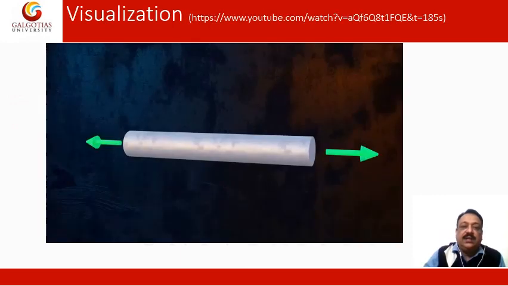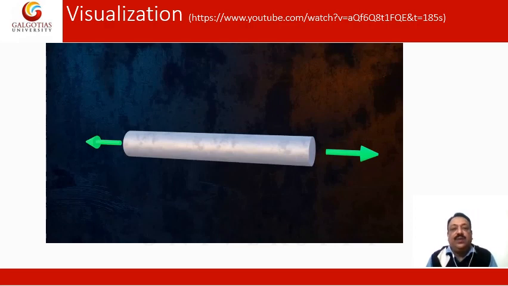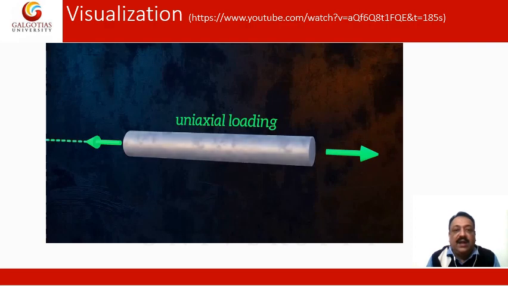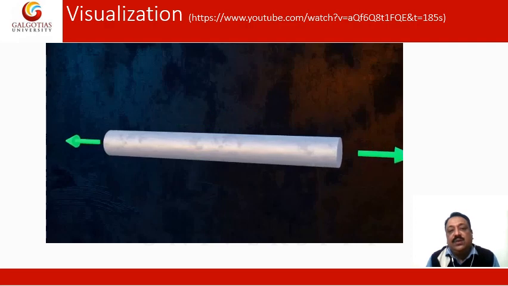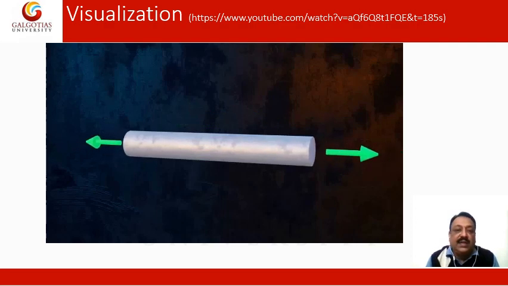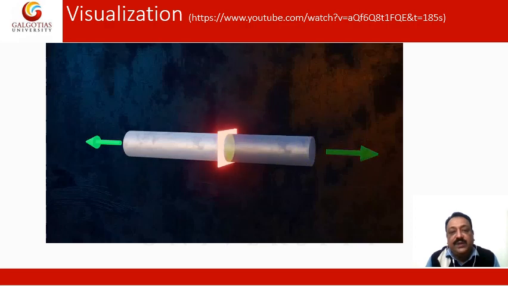Consider a cylindrical body which is subjected to equal and opposite forces shown by the green arrows. They are acting along the central axis, and it is called uniaxial loading along the longitudinal axis. They are trying to stretch the body, but internal forces are trying to resist the deformation.